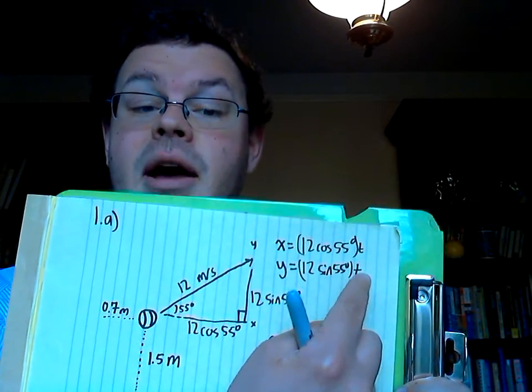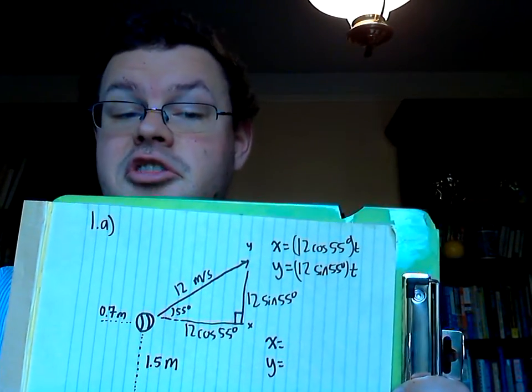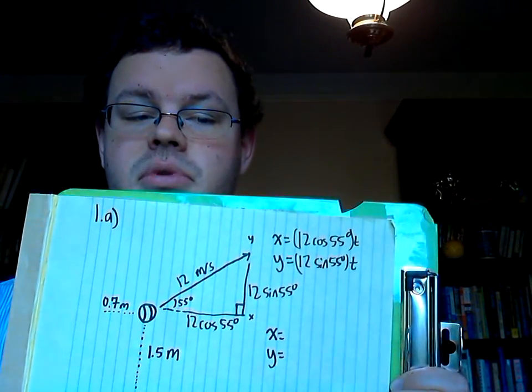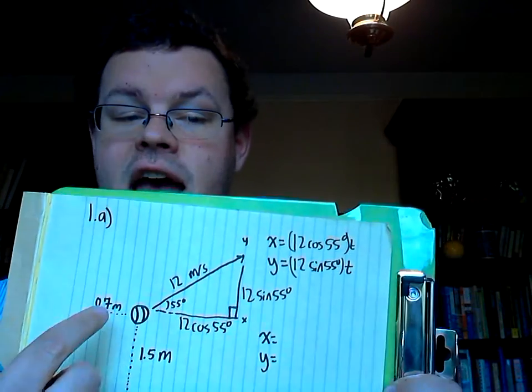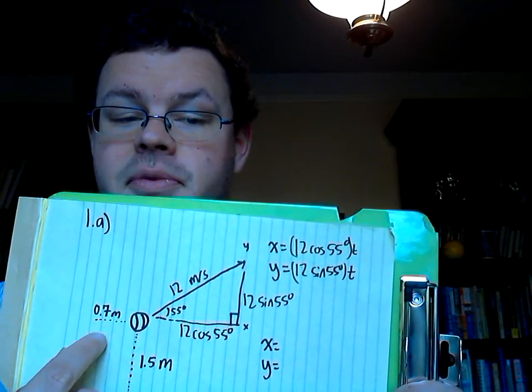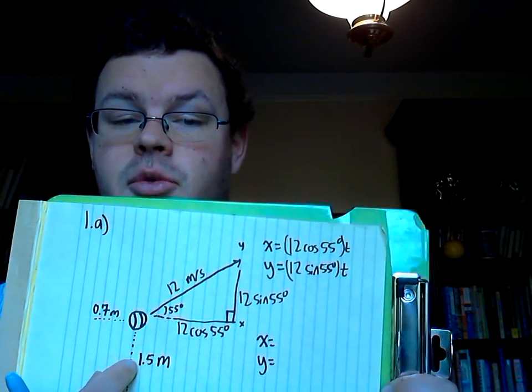Multiply that by time, and that gives me the distance traveled in the x direction. But looking from the pitching rubber, I also need to add in this 0.7 meters, and the 1.5 meters in the y direction. So x plus 0.7, and in the y, we'll need plus 1.5.